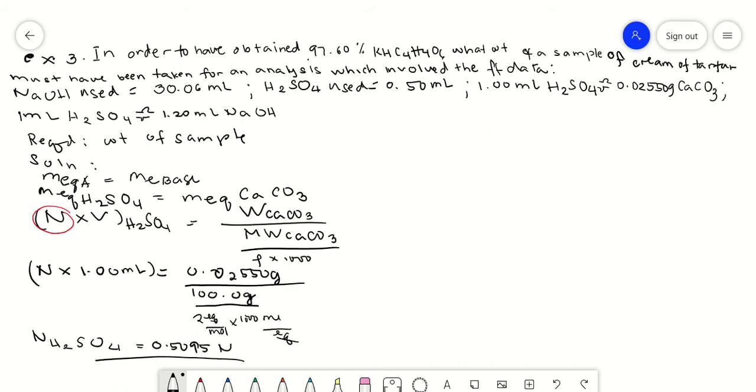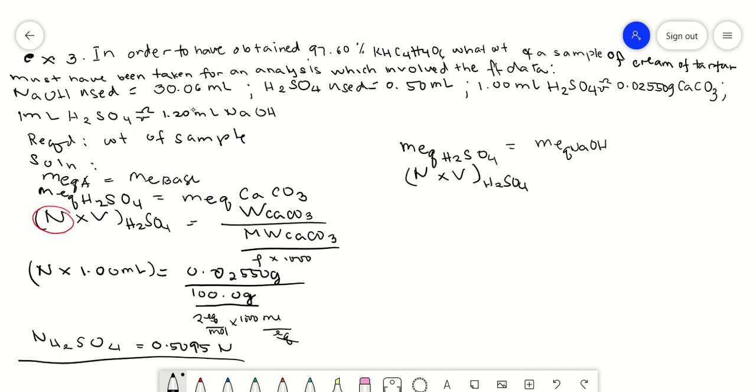normal. Now, we need to determine as well the normality of sodium hydroxide because we are only given the volume. So again, milliequivalents: milliequivalents of sulfuric acid is equal to milliequivalents of NaOH. So this would be normality times volume, since you are given the volume and we have already computed the normality.